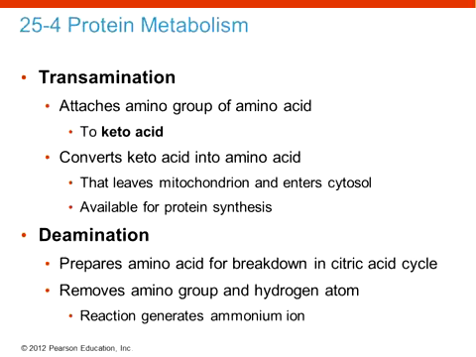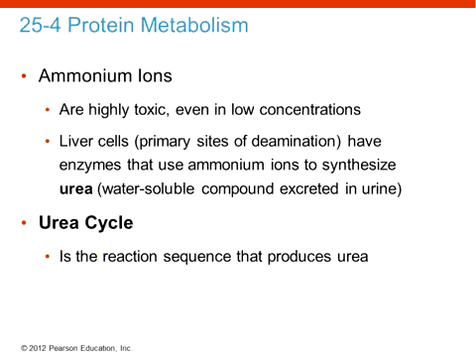Deamination prepares the amino acid to be broken down completely in the citric acid cycle. It removes the amino group completely along with a hydrogen atom, and that reaction gives you ammonia, which your body will filter out. We'll talk about that in the next chapter, urinary.